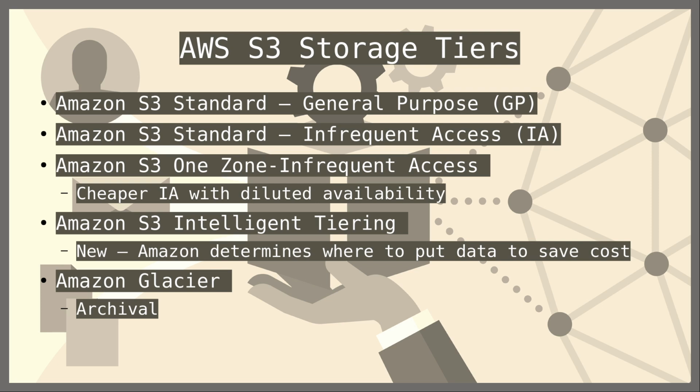Now there is another variation, which is the one zone infrequent access. In this, there is an additional cost benefit compared to infrequent access, with a trade-off in availability. So it is slightly diluted in terms of availability, but the advantage it gives over regular infrequent access is on the cost. Basically, one zone infrequent access is where our data is only available in one availability zone.